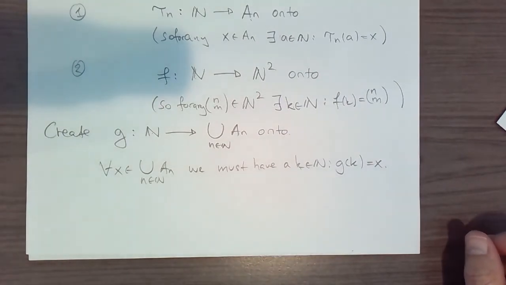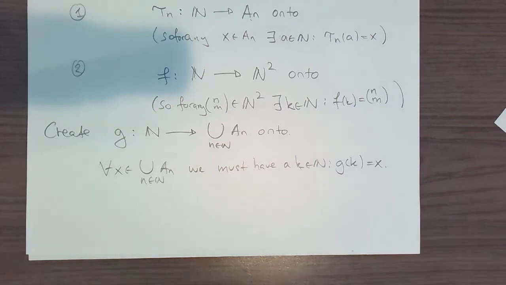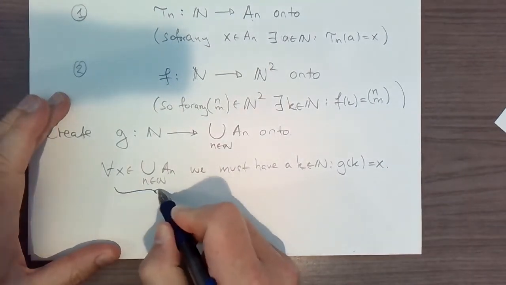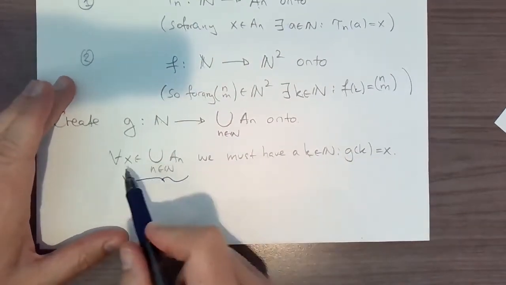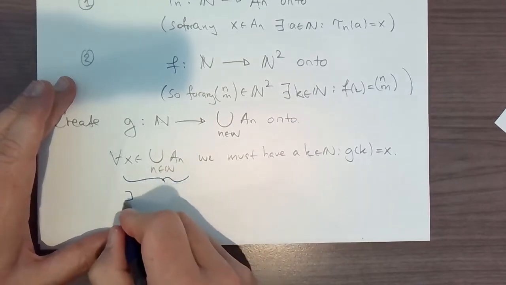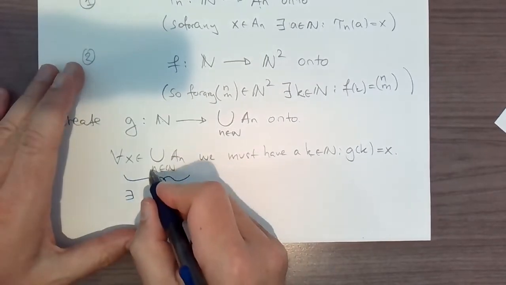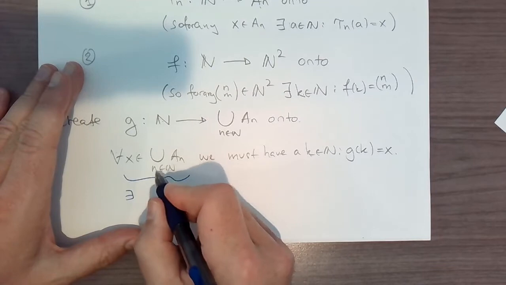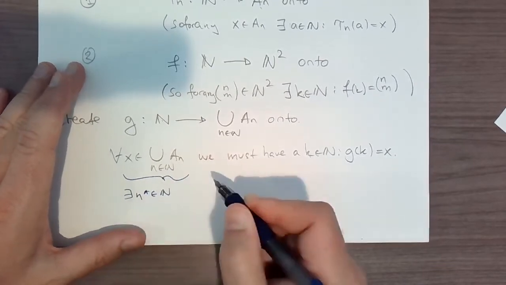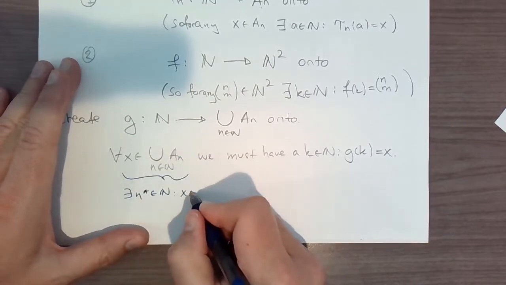Okay, so how would one go about doing it? What I proposed is to start out using this property that we have here. If X belongs to a union, there must be some point in the index, some n star, at least one, such that X is in that set.